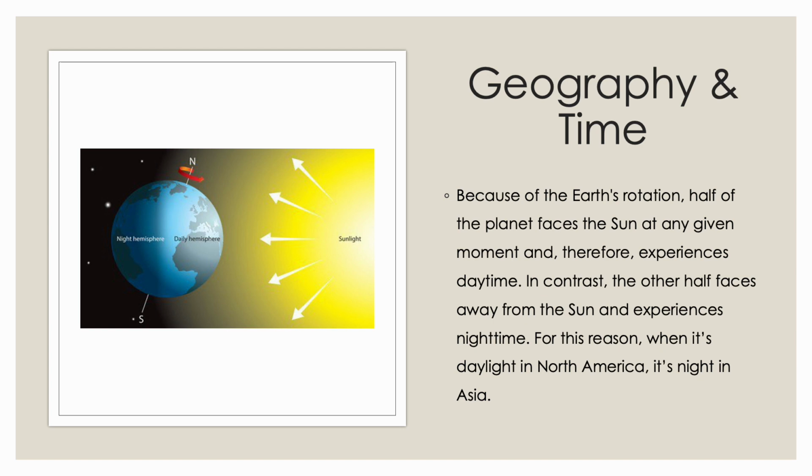Quick geography reminder: because of the Earth's rotation, half of the planet faces the sun at any given moment and therefore experiences daytime. In contrast, the other half faces away from the sun and experiences nighttime. For this reason, when it's daylight in North America, it's night in Asia.